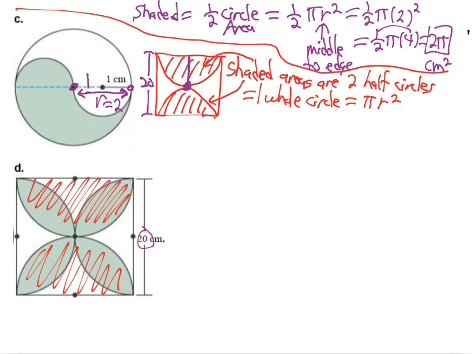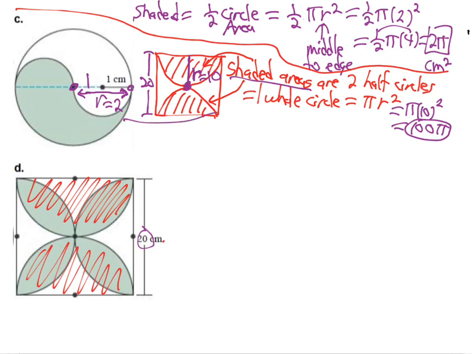So this radius here must be 10, from the middle to the edge. So that's pi times 10 squared. 10 times 10 is 100. So 100 pi. The shaded areas must make 100 pi, right?